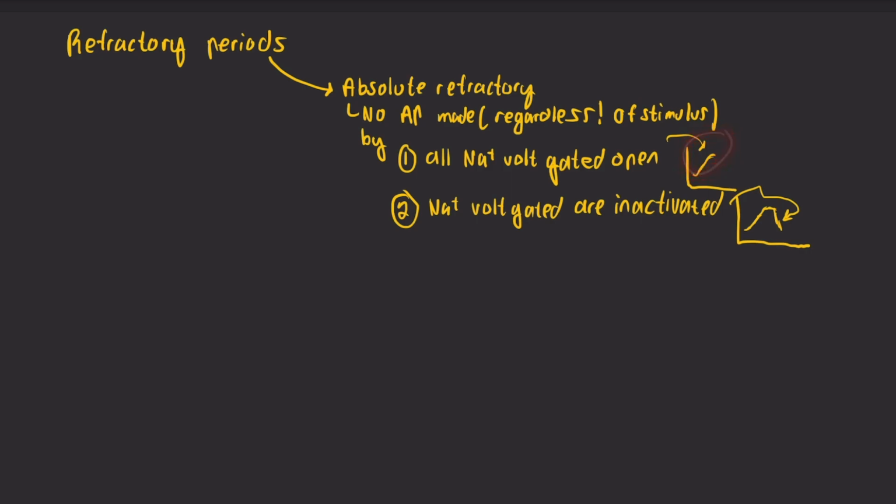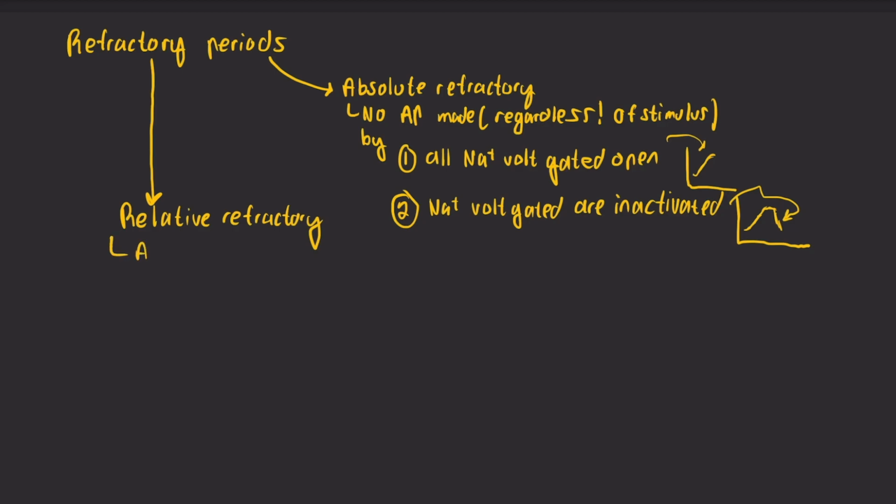The other refractory period that can happen, so if absolute refractory occurs at depolarization or at repolarization, we also have relative refractory. Okay, so for relative refractory, an action potential can be generated only if that stimulus is greater than normal.